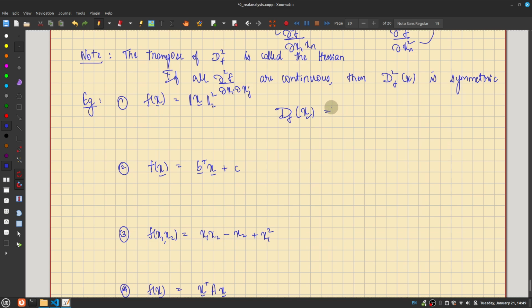What should be the dimensions of the derivative? 1 cross n. So it should be 2 x transpose. The gradient would be 2 times x. And what would be the second derivative?